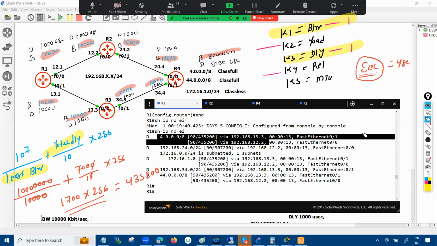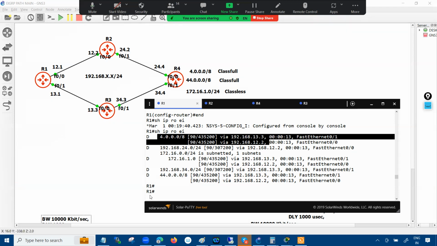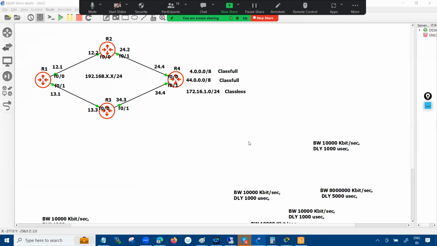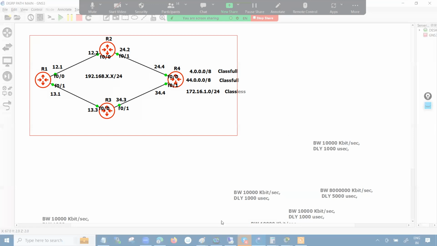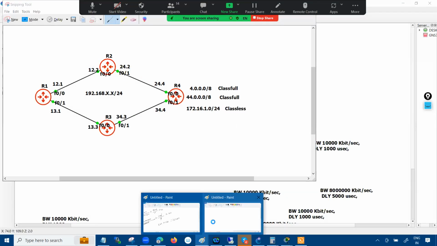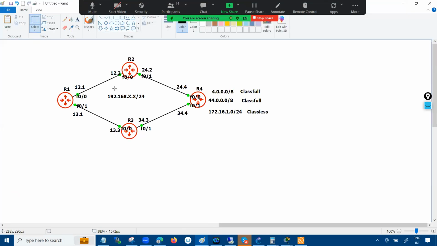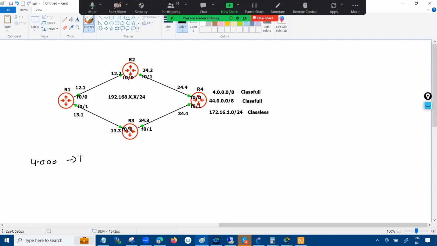Right now, router 1 has the 4.0.0.0 information from router 2 and router 3 as well, so it will do load balancing.